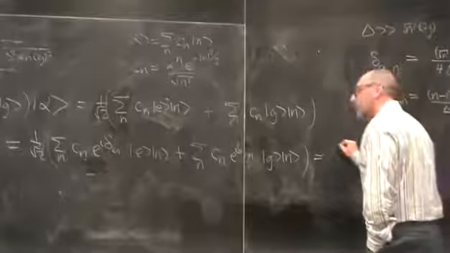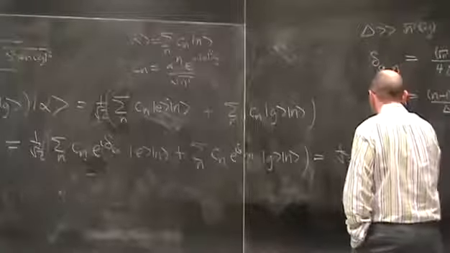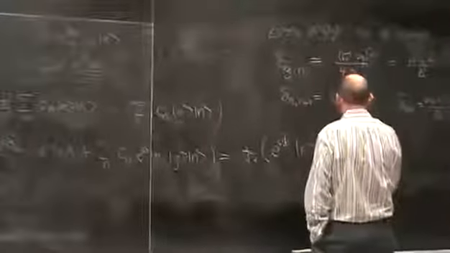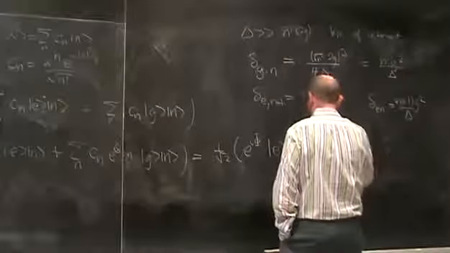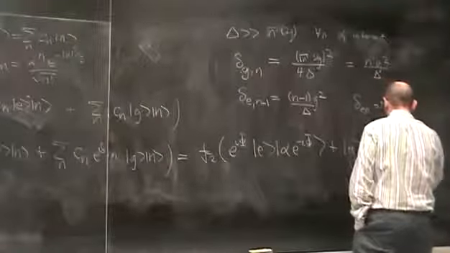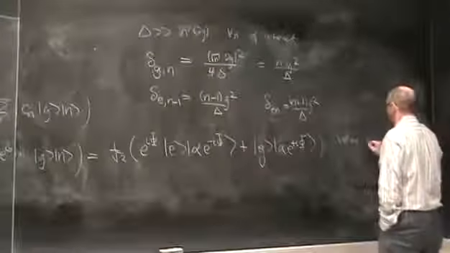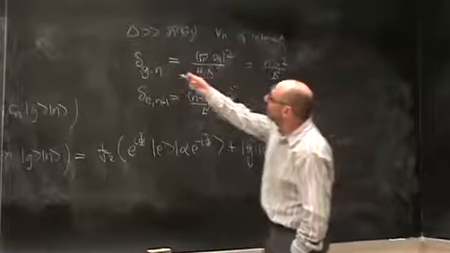This thing becomes 1 over root 2, e to the i phi e n alpha e to the minus i phi plus g alpha e to the plus i phi, where phi is equal to this energy shift.